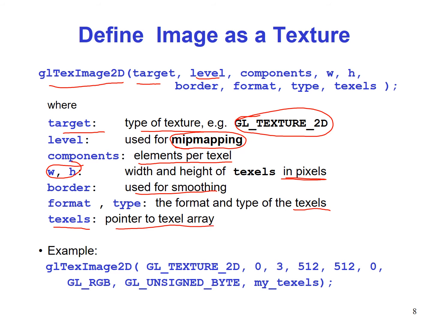Here is an example usage of the function where we have given specific input arguments. glTexImage2D, the first argument specifies that it's a 2D texture. The second argument specifies the MIP mapping level.